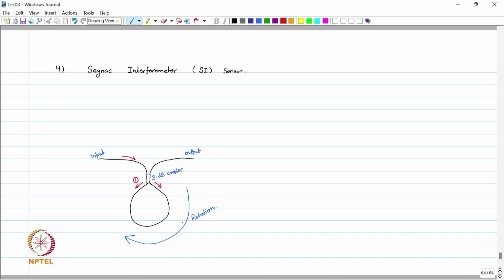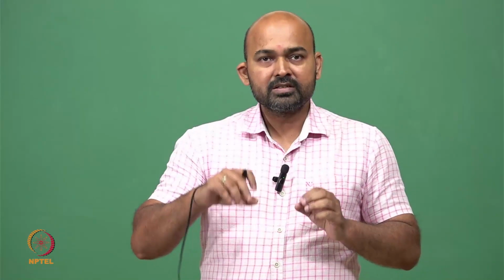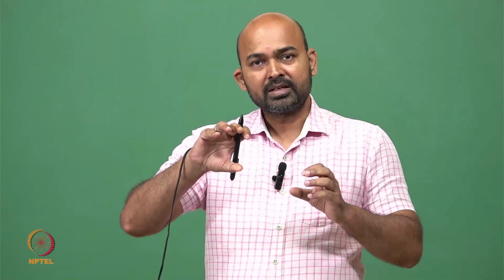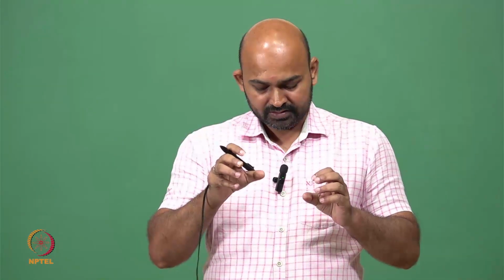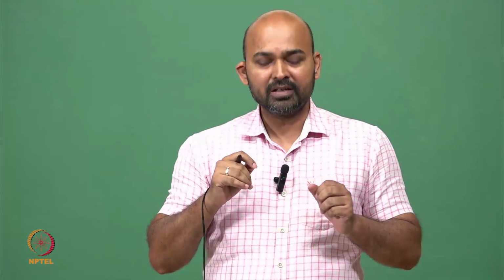When the rotation is in the opposite direction, this wave will take less time reaching from one end of this fiber to the other end, because by the time it reaches the other end, the assembly moves in the opposite direction, so the end point actually comes nearer.